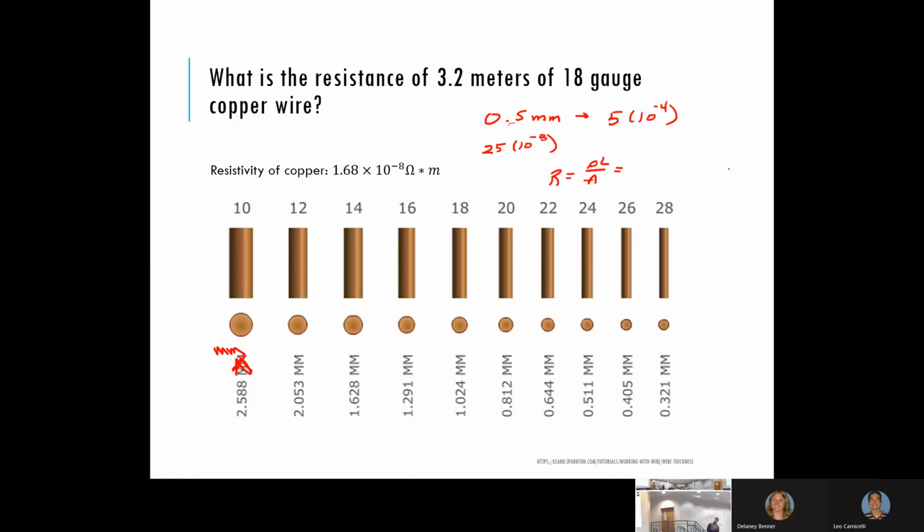I get something like 1.6 times 3.2, and I've got the 10 to the negative 8 out here, divided by, we'll just round this to 75, 10 to the negative 8. So 25 times 3, thinking pi r squared, so r squared was 25, and I'll just multiply by 3 for pi. And so we get something like that, okay, cancels. 1.6 times 3.2, ballpark.